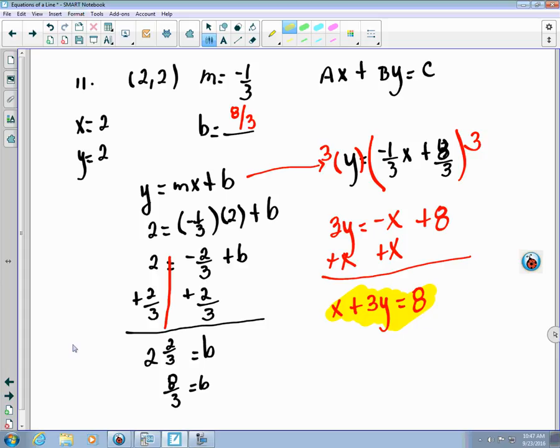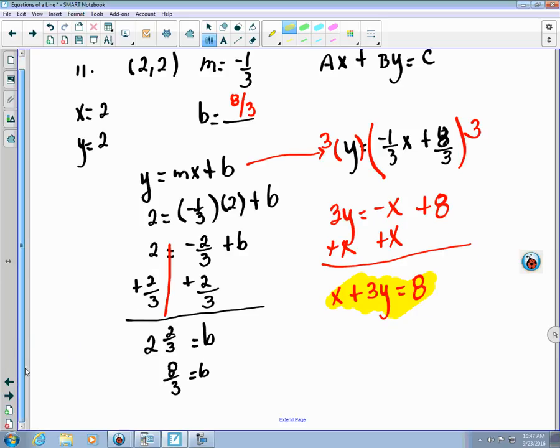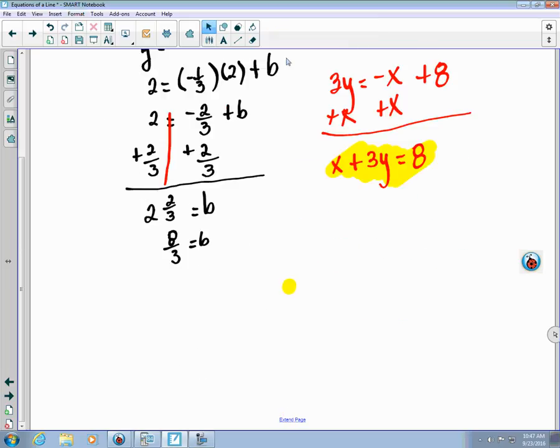Can we do 12? Let's go to 12. I think you guys really do have this. All right, so tell me, what do we have for number 12?